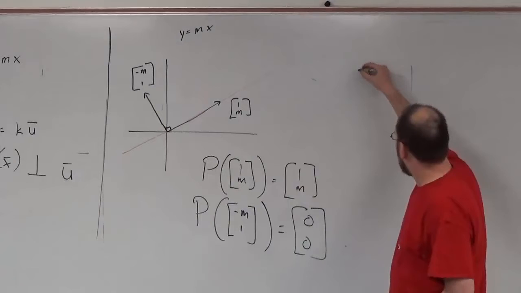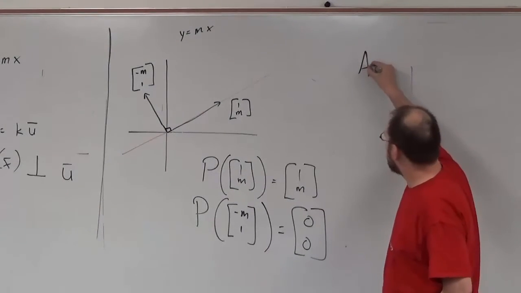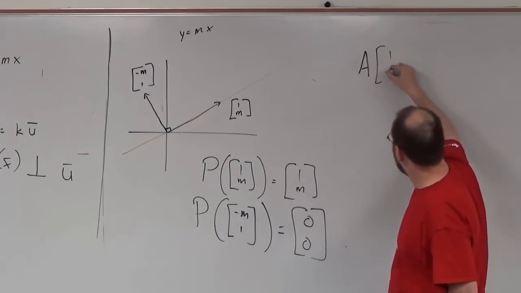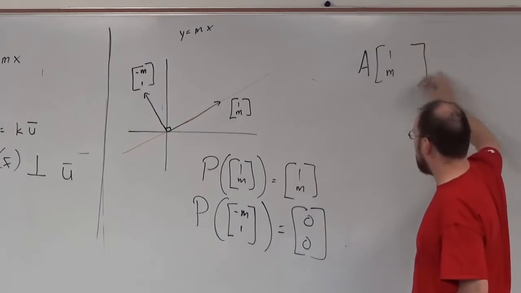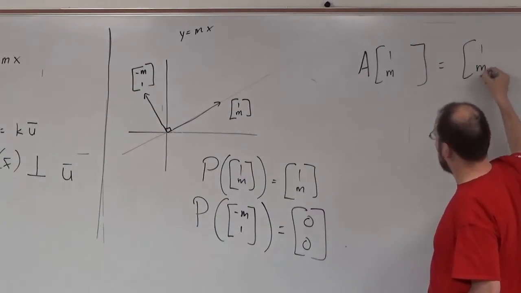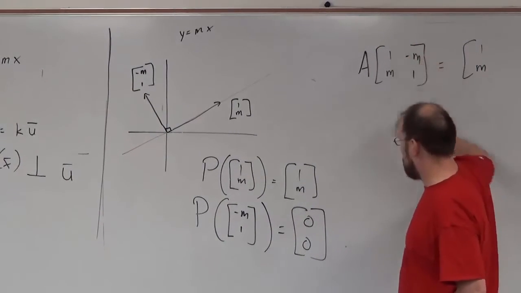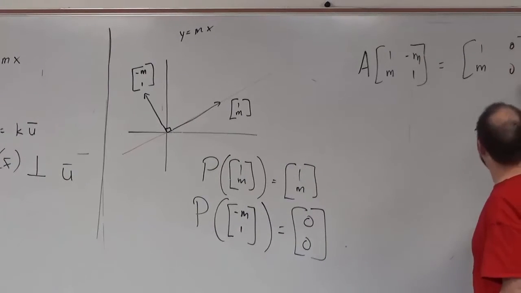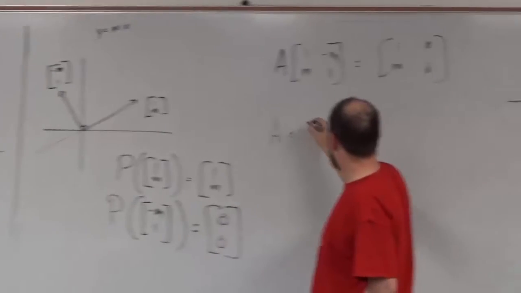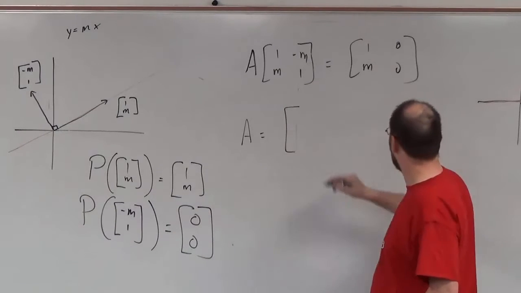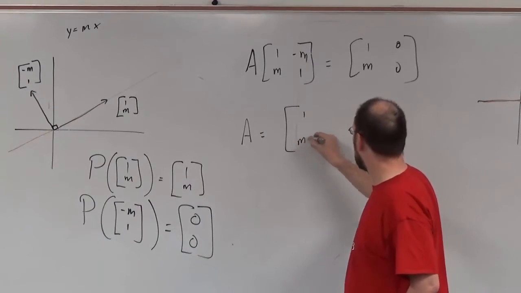So knowing that, we can find the matrix representation of this projection. We have that vector being mapped to itself, while this one is mapped to (0, 0). Once again, we can simply right multiply by the inverse and get the matrix.